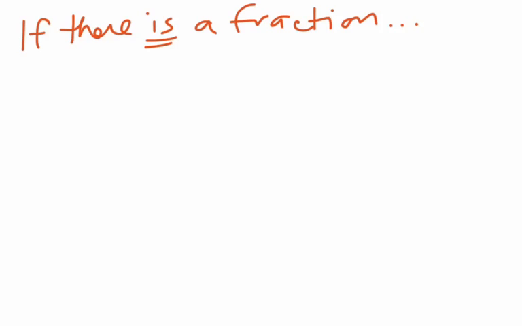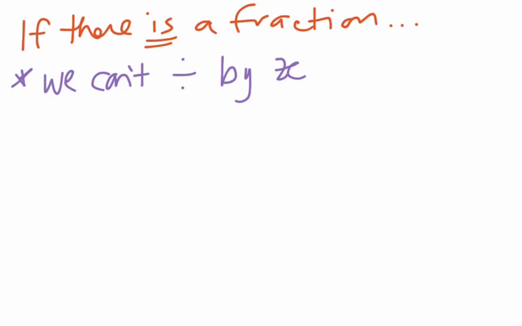If there is a fraction, here's the important fact you need to remember: we can't divide by 0. I'm pausing to give you a chance to write it down and think through that. We can't divide by 0.